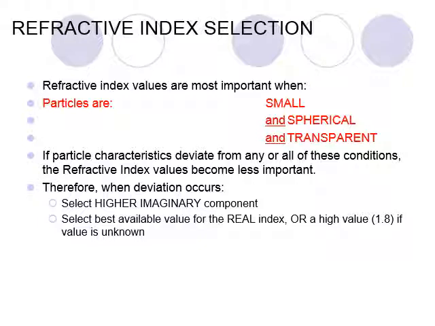The optical properties of the material do matter for measuring things that are small. By small, I mean less than 20 micron, it matters a bit. When you get down to less than 10, it starts to matter a lot more. Depending upon the shape of the particle as well, things that are spherical, things that are transparent, it matters to have the refractive index values better.